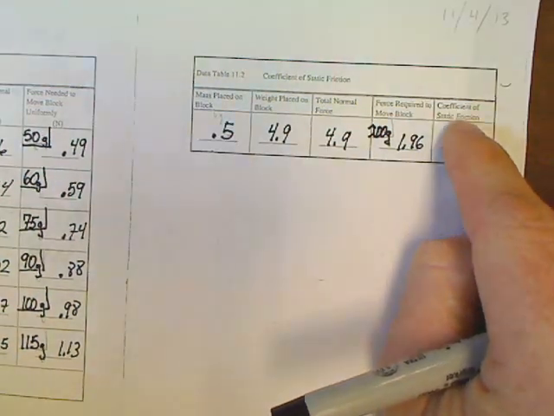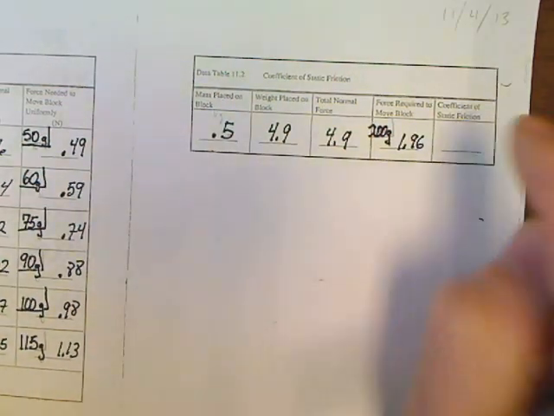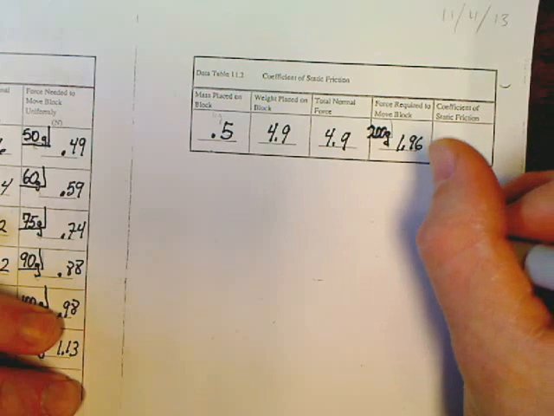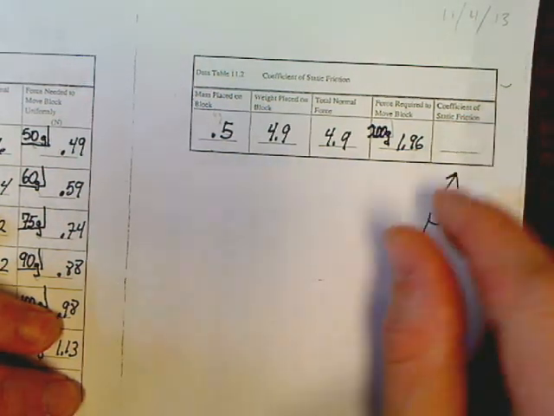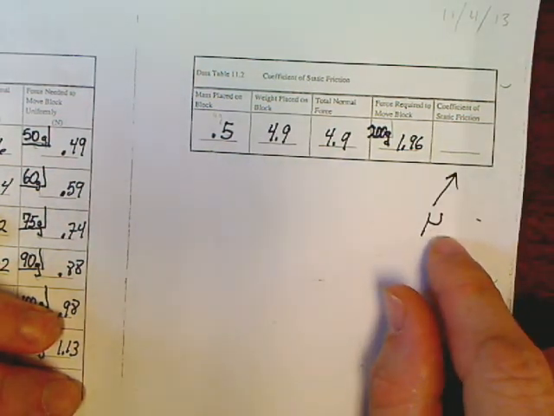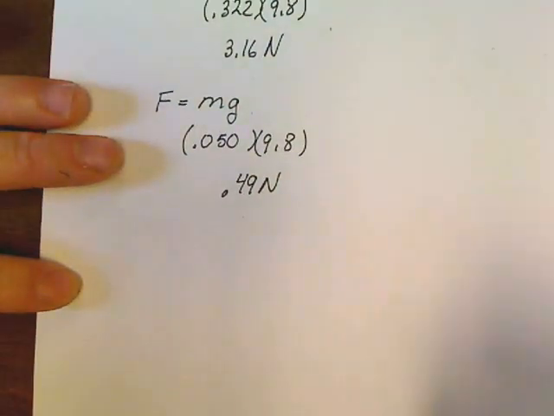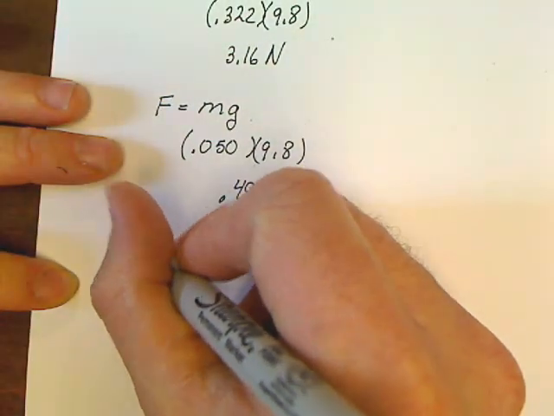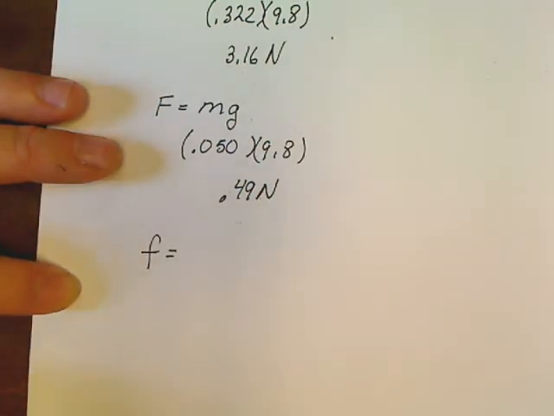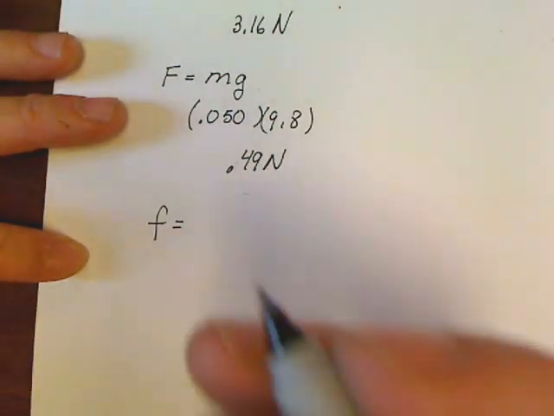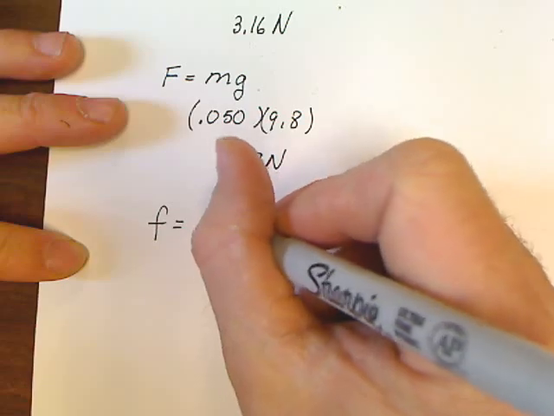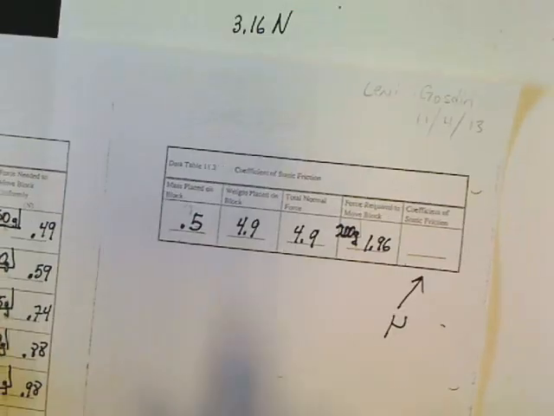It says find the coefficient of static friction. So basically what it's saying is find mu. How can I find mu? I wish I had an equation for friction, like F equals... oh, wait a second, mu N. And now take a look.